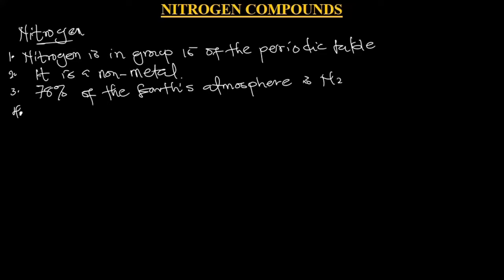The fourth thing to know is that nitrogen exists as a diatomic molecule. Now, the fifth thing to take note of is that nitrogen needs to gain 3 electrons in order to have a noble gas configuration or to fulfill the octet rule.